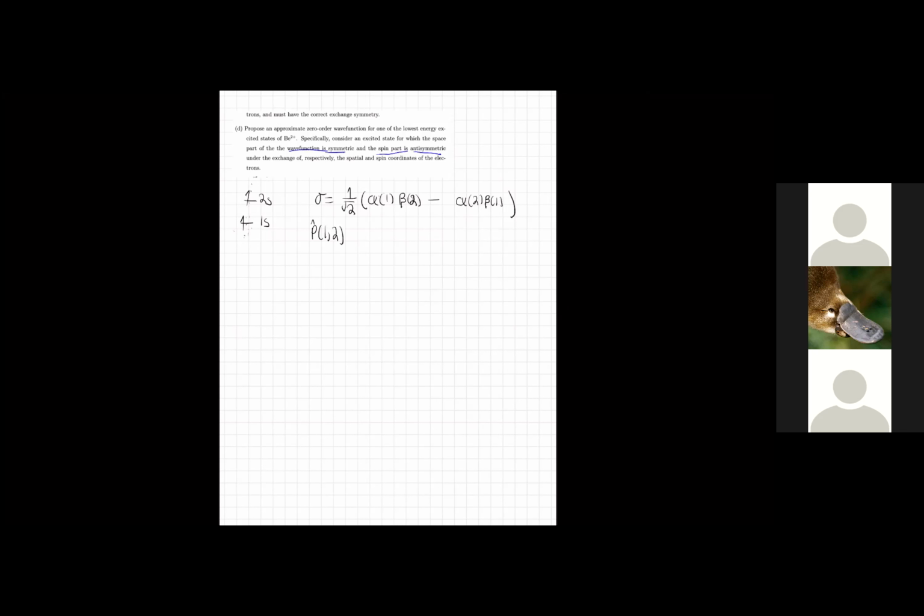If we were to apply the operator onto this, I won't show the result, but you'll get the idea: this will be negative after you apply the change in space operator. Does that make sense? Yeah. If we wanted it to be symmetric, we would want this to be positive.